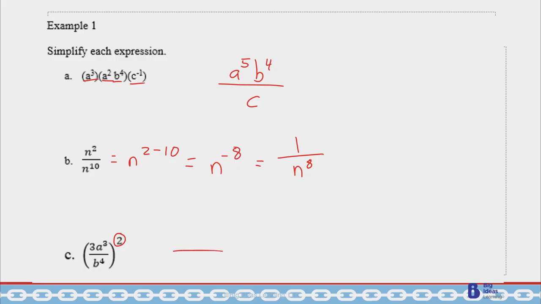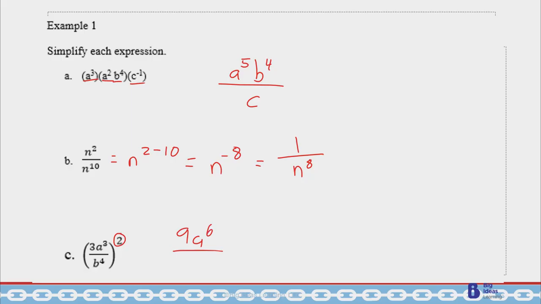So the 3 gets squared and becomes 9. A to the third squared, well, that is power of a power, right? So I am going to multiply those exponents, a to the 3 times 2, which would be a to the sixth.